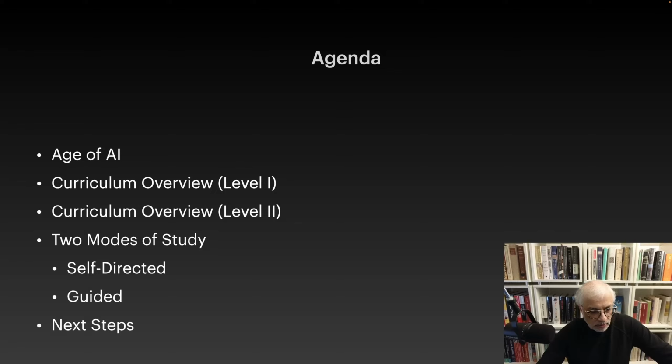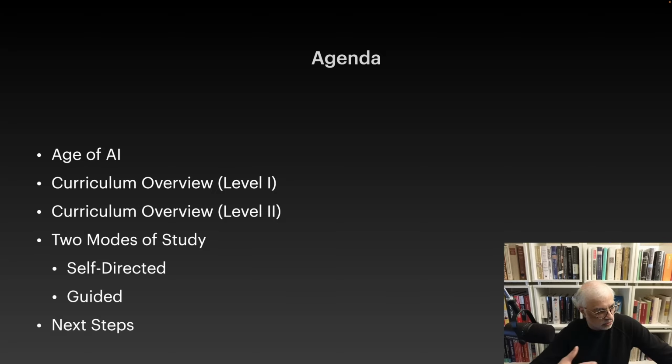Then I'm going to run through very quickly the Python level 1 curriculum. A number of you have been attending the sessions on Python level 1, and I'm just going to recap the curriculum for that.